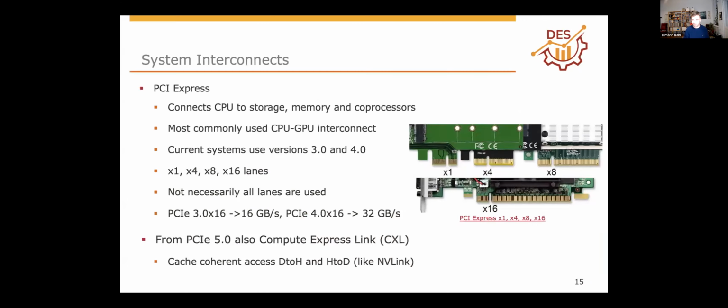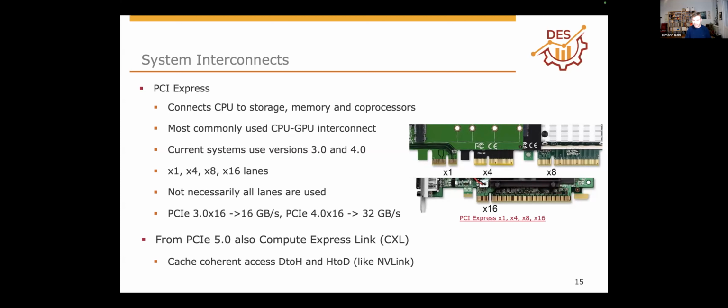The traditional interconnect that GPUs would be connected to in most servers these days, and especially in the past, would be PCI Express, right? This is one of the general interconnects in your servers, where you can have SSDs like storage, network connections, or accelerators like GPUs, FPGAs, and things like that.